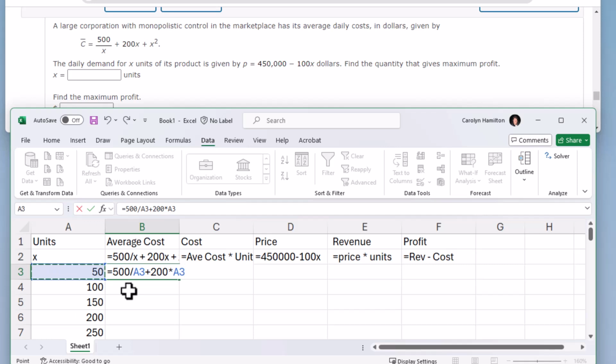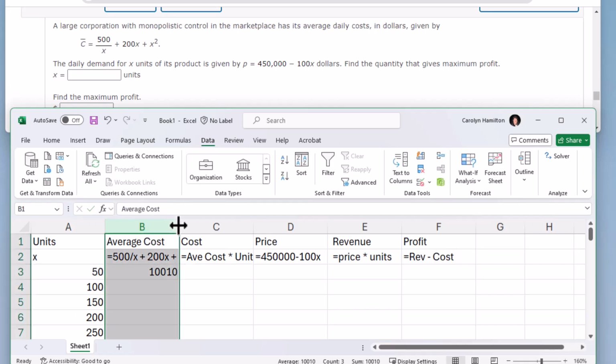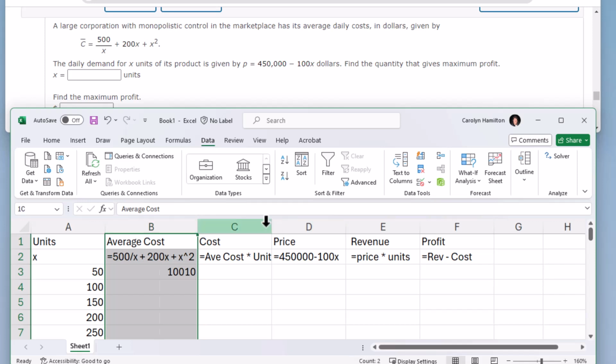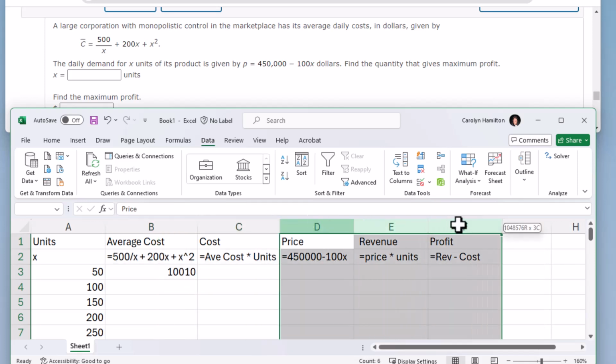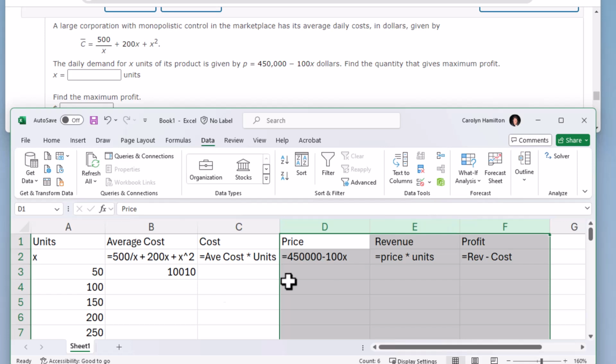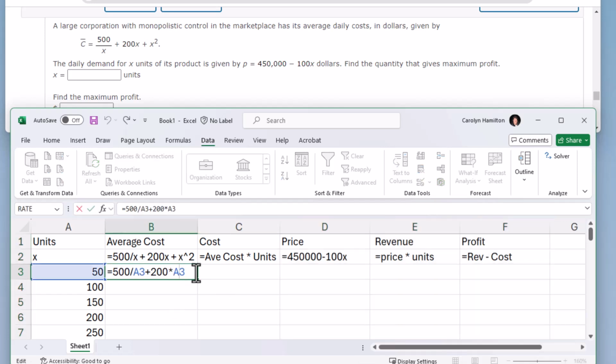And then 500 over x plus 200 times the x value. And I can't see the rest of that. Let's see. 500 over x plus 200 times x plus x squared.